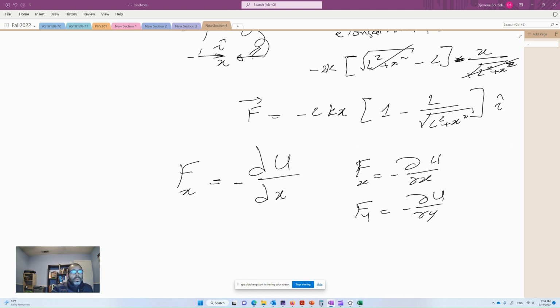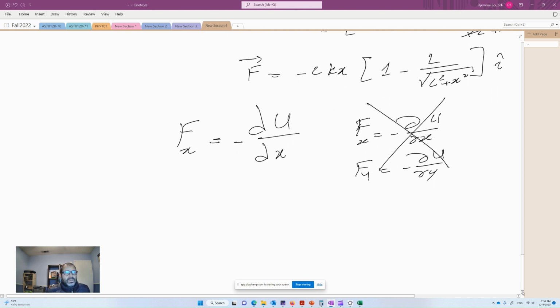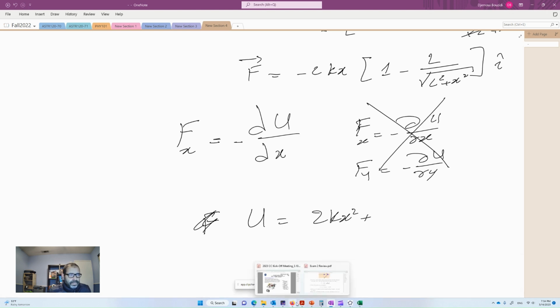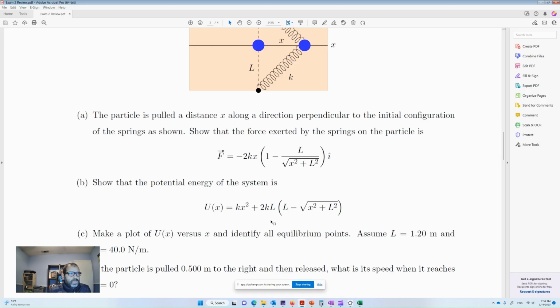But we don't have any other component other than the x-axis, so we don't have partials. We only have the straight derivative, the standard derivatives. So in this case, all I have to do is take that potential, U, which is equal to kx squared plus, let me look at it quickly in here, 2kL times the square root of L squared plus x squared minus L.